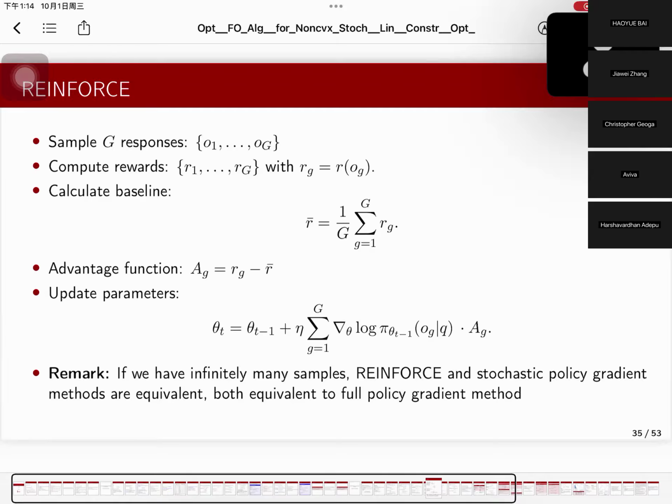Otherwise, if the reward is lower than the mean reward, you penalize this action. Using this baseline, in the literature they show that this can reduce the variance. So REINFORCE-based algorithms are more stable than pure policy gradient.